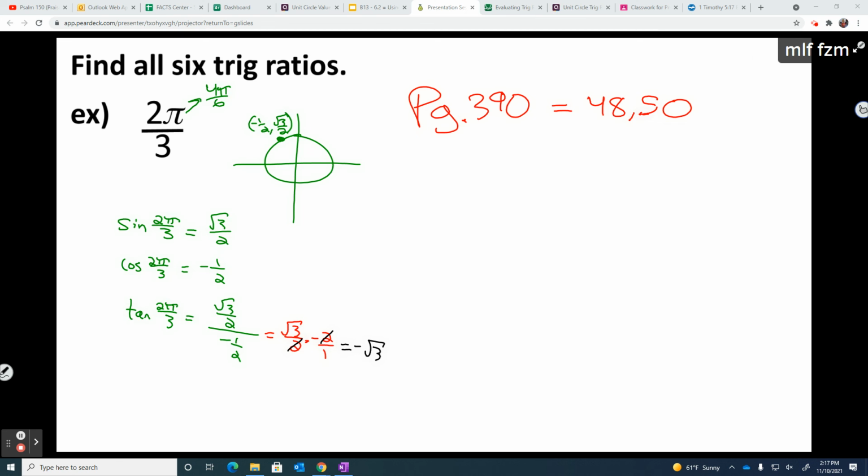And then we have to do all the pairs from these. So sine goes with cosecant. So the cosecant of 2 pi over 3. And if it's a fraction, we're just going to flip it. It just becomes 2 over the square root of 3. Then we'll have to rationalize that. So then we'll multiply by radical 3 over radical 3.